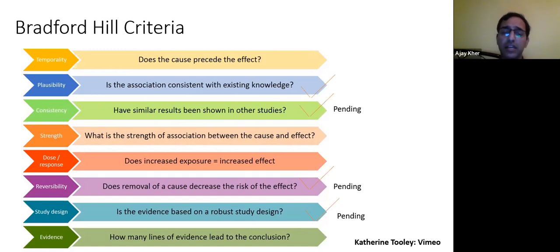And so that again gives us a concept that antibodies are a cause for minimal change in at least some of these patients. And is the evidence based on a robust study design? So the study design itself is pretty robust, though we would like multiple more lines of evidence as time goes on to conclusively prove the cause and effect for nephrin in minimal change.